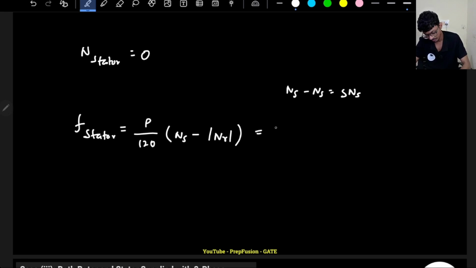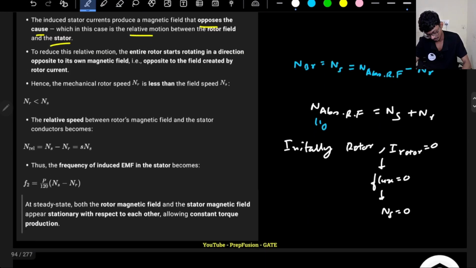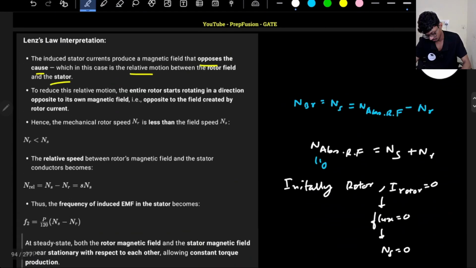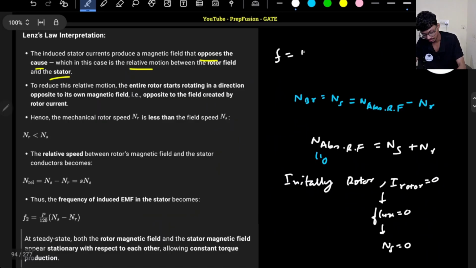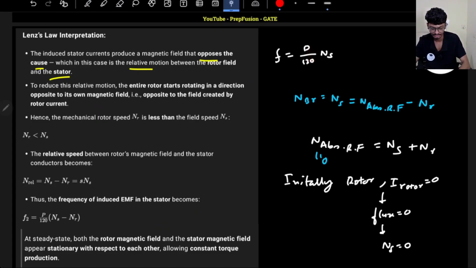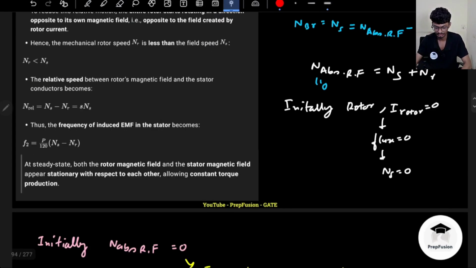So it is basically P by 120 into s into ns. What is P into ns by 120? It is this value, right? P divided by 120 into ns is how we find out f, because ns is the synchronous speed at which I am applying the three-phase supply.